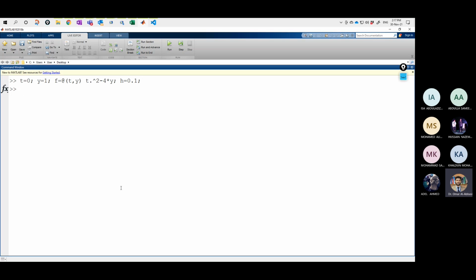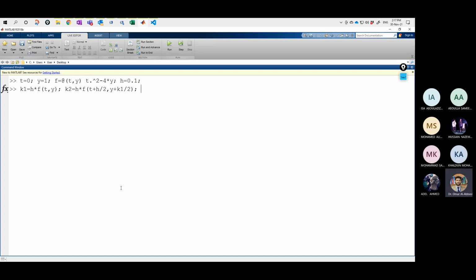We will calculate K1: H multiplied by the function evaluated at T and Y. And K2: H multiplied by the function evaluated at T plus H over 2, comma, Y plus K1 over 2.